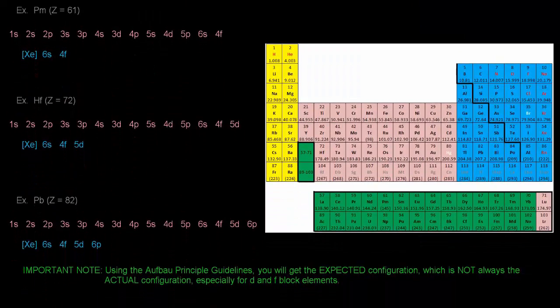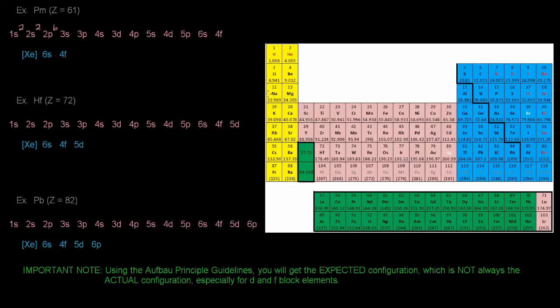Let's start with Pm, which is promethium, atomic number 61. So that's down here in the F block. Everything up until xenon is going to be filled. So let's start at the top. Hydrogen, helium, that's 1s2. Then 2s, lithium and beryllium, 2s2, and then 2p6.